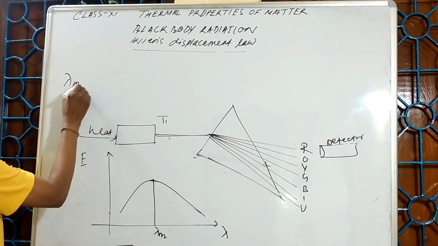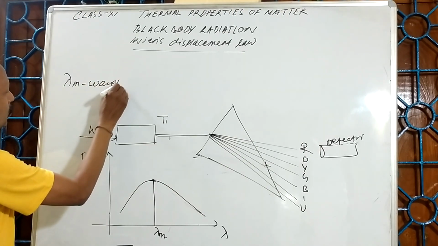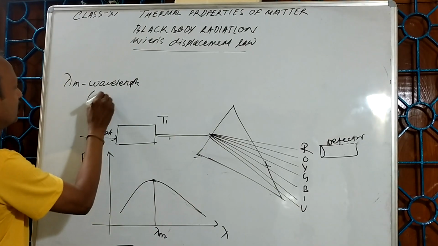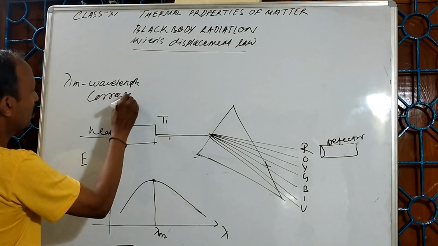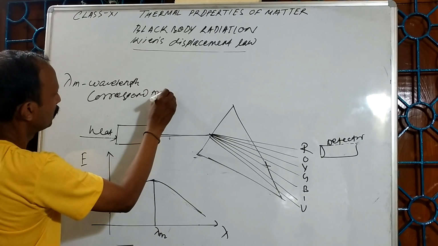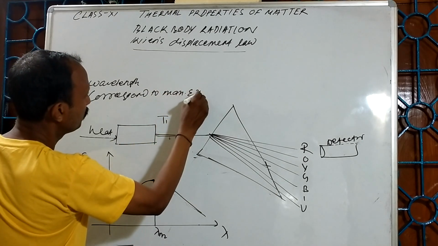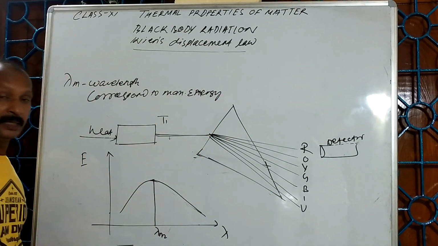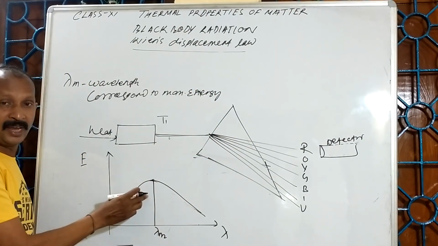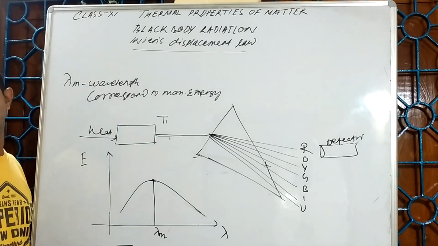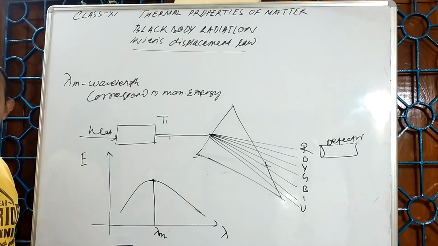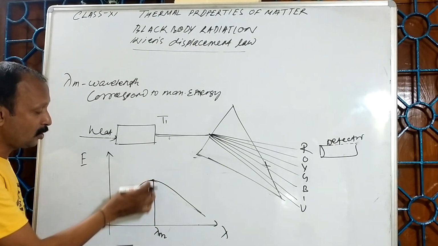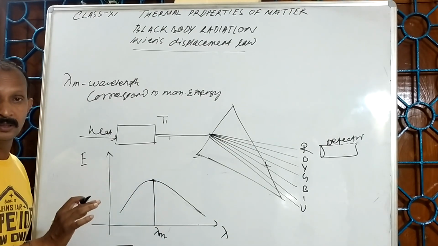Here lambda m is the wavelength corresponding to maximum energy. Lambda m stands for maximum energy. This is not the maximum wavelength.